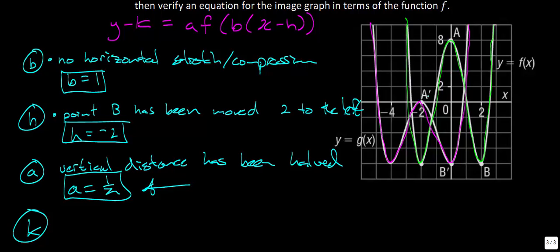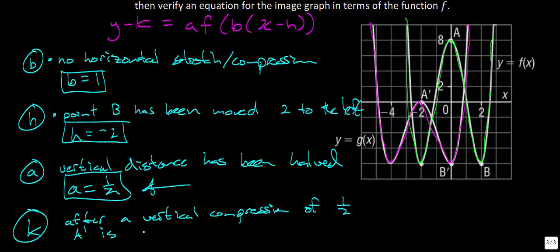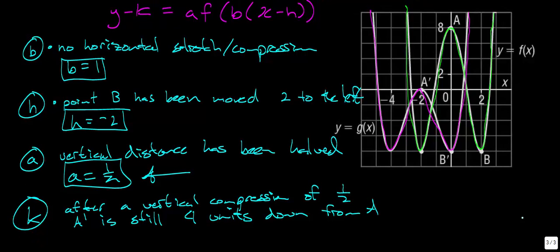And so after a vertical compression of 1/2, a prime is still 4 units down from a. And so then in general, just like we've said before with all these ones, we can pretty confidently say that k is equal to -4.